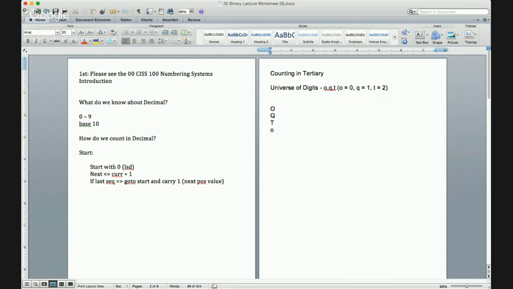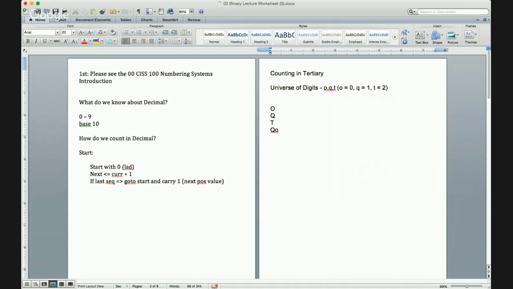So I record the O, I'll move my cursor backwards, and what is 1? Q. QO plus 1. What is QO plus 1? QQ, correct. We're moving left to right.